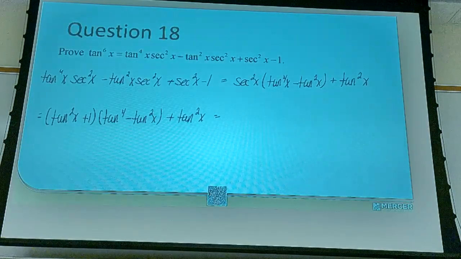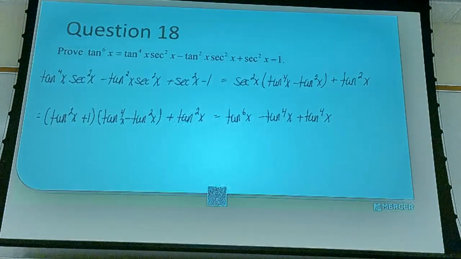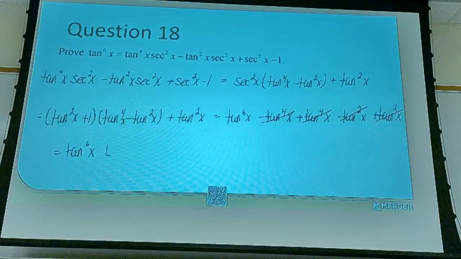For tangent to the sixth minus tangent to the fourth plus tangent to the fourth, I forgot to put an x there, minus tangent squared plus tangent squared. You're left with just tangent for this text.